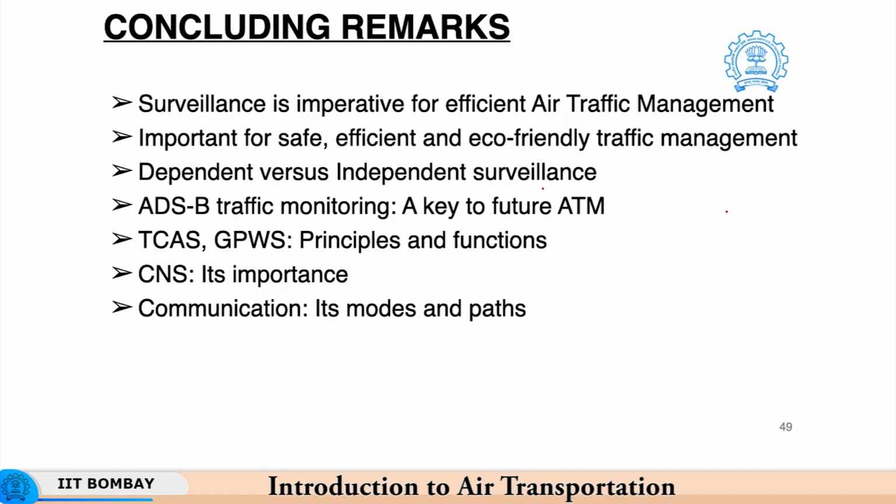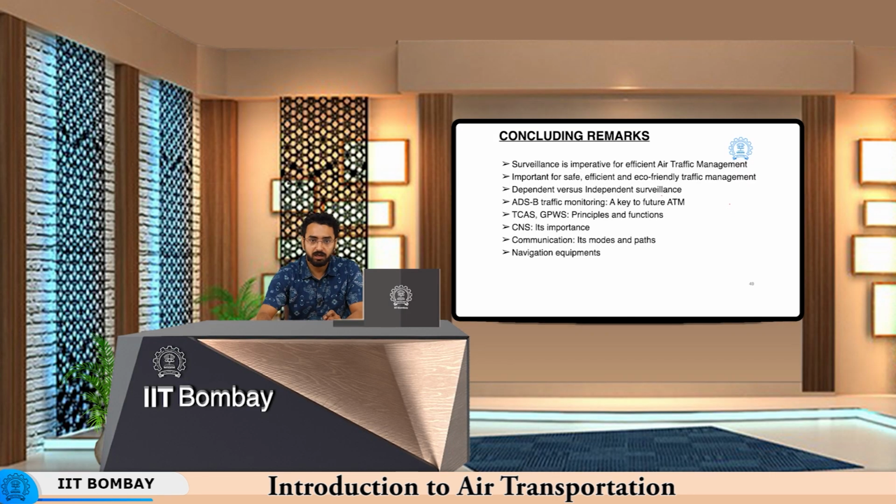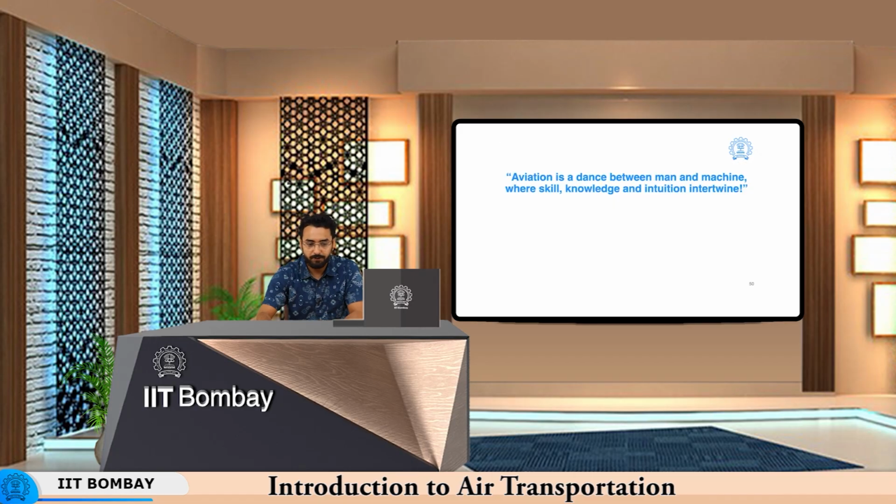The presentation also provided you details about the various communication modes and the paths that are used to carry out communication associated with CNS, and the navigation equipment that is used to carry out the navigation associated with CNS. Subsequently, CPDLC and ACARS for digital data link CNS was also dwelled into in the final part of this presentation.